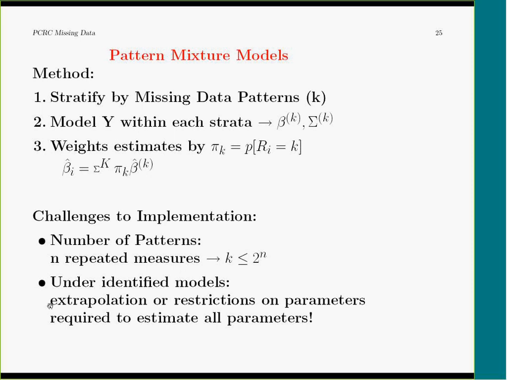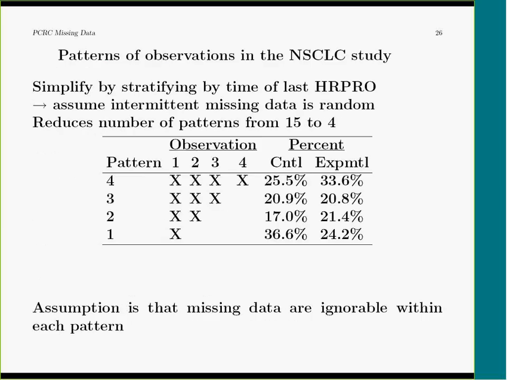But actually, much more critically, is that we have what we call under-identified models, where we can't estimate all of the parameters in the model that we need to, and so we have nothing to weight, unless we do something like some extrapolations or place restrictions on the parameters.